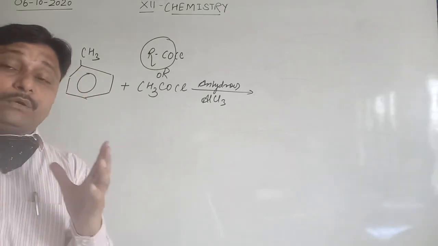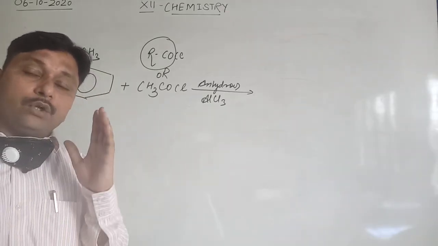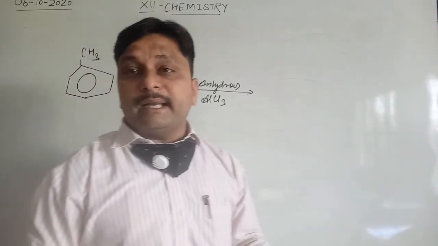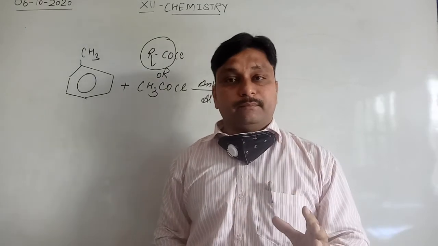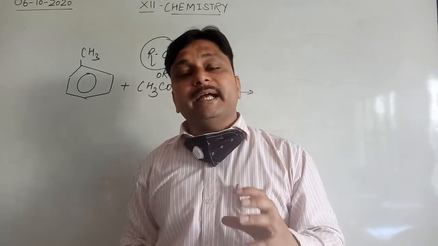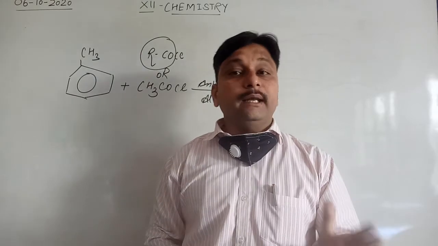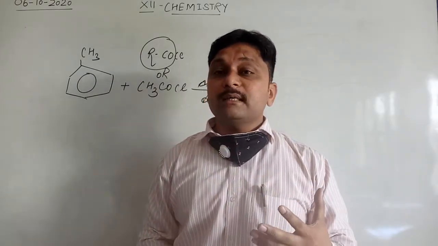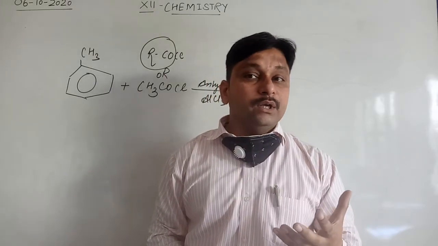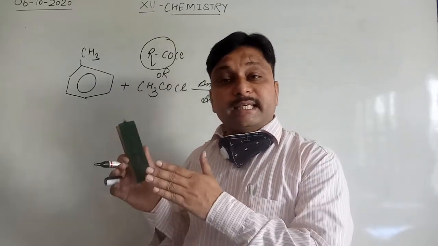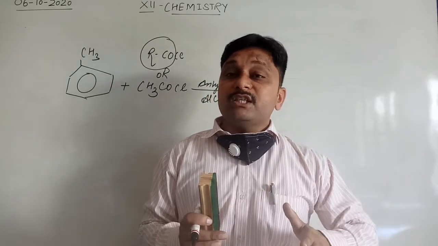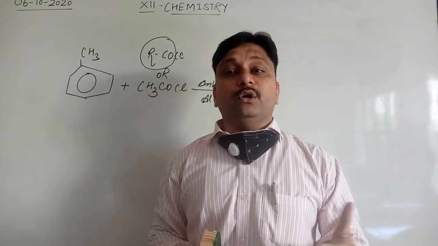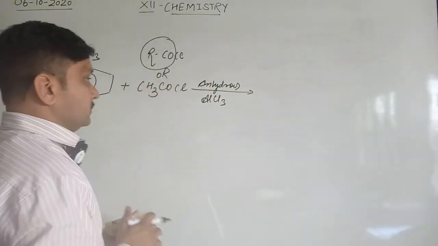CH3 is an electron donating group. So an electron donating group has the tendency to increase electron density on the ortho and para positions. Clear? So the electrophile will attack at the ortho or para position. So in the case of toluene, the benzene contains a CH3 group, and in presence of this group, this benzene is ortho para directing. So the RCO group will attack the ortho positions or para positions.